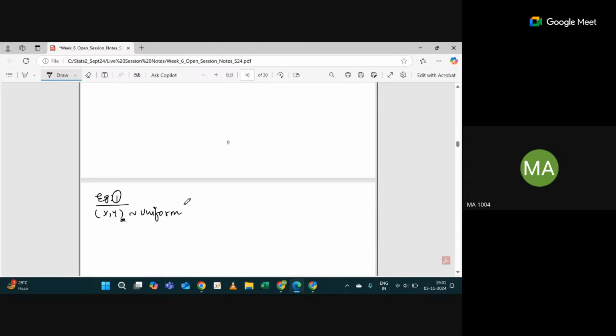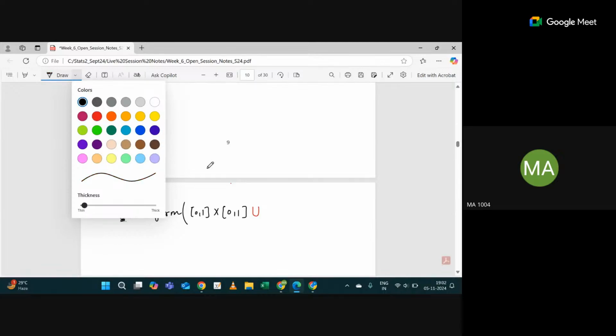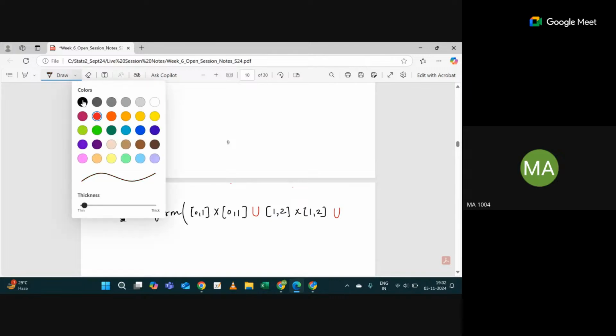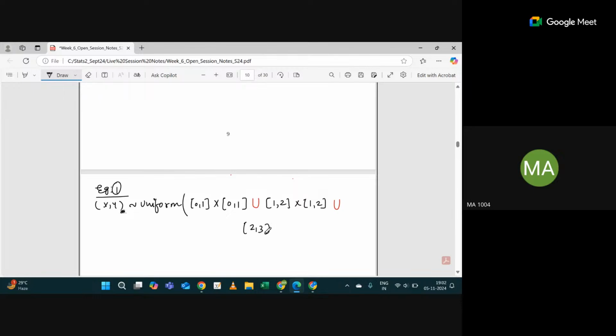And how is this defined as uniform? Let's say I'm saying (0,1). You can say the Cartesian product of (0,1) and (0,1), union of (1,2) into (1,2), and union of (2,3) into (0,1).